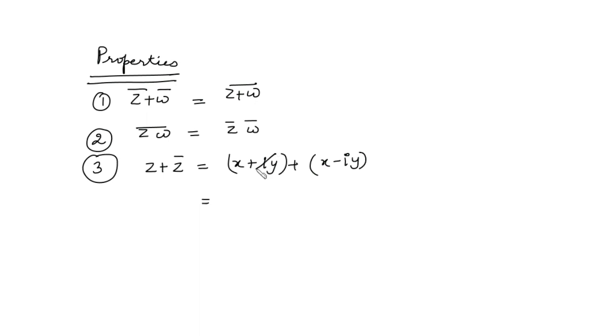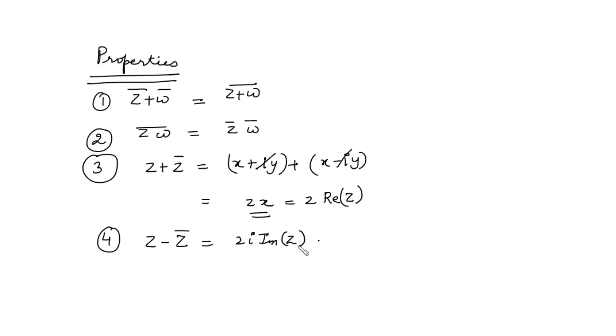This cancels out and you are left with only 2x, which is twice the real part of z. So z plus z bar is 2 times the real part of z. Similarly, z minus z conjugate is 2 iota times the imaginary part of z. Z minus w whole conjugate will be z conjugate minus w conjugate. So these are some properties related to the conjugate.